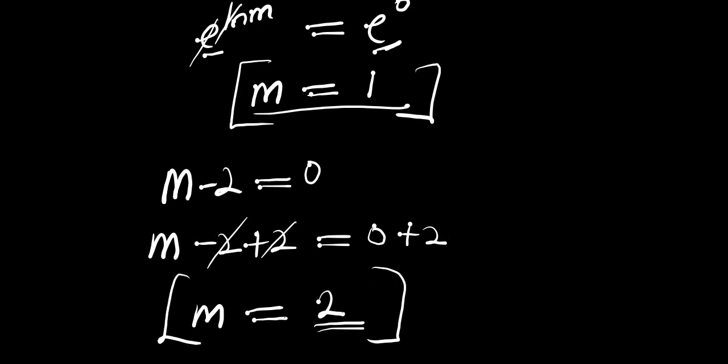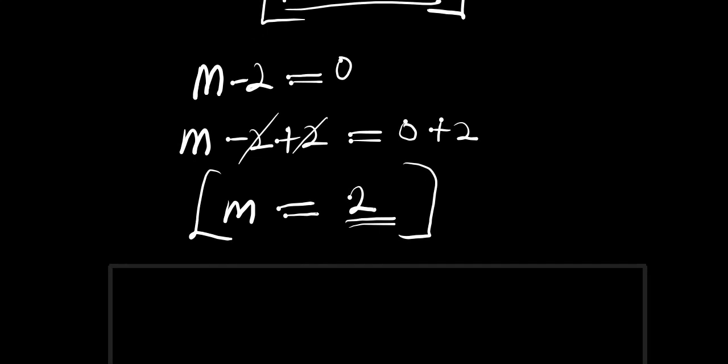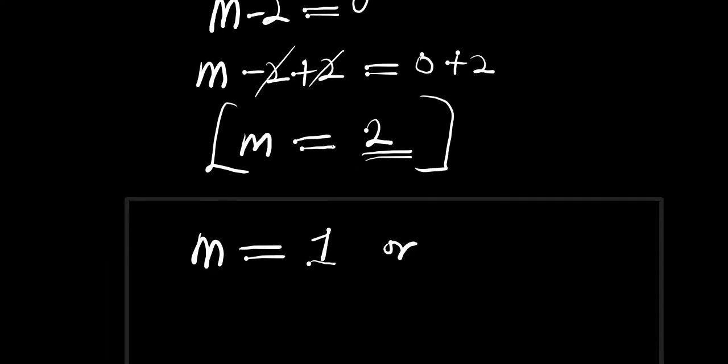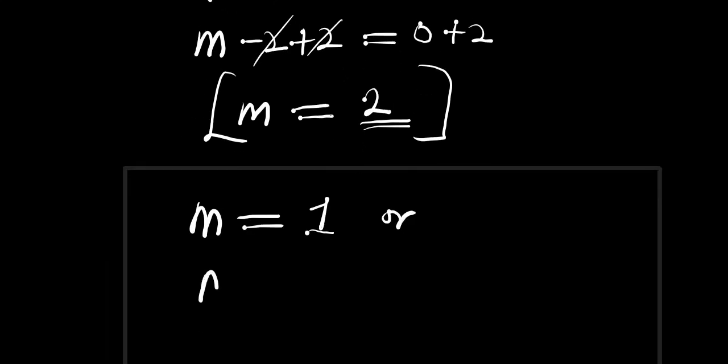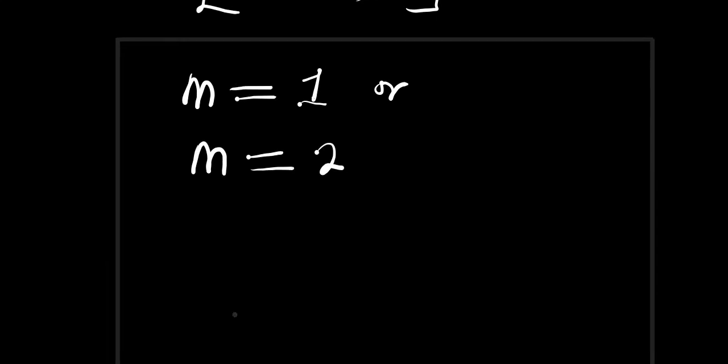So from these particular equations we have two different values for m. We have m equals 1, or m is equal to what? 2.